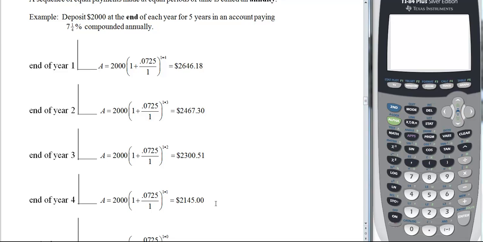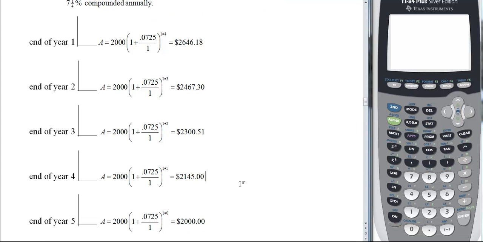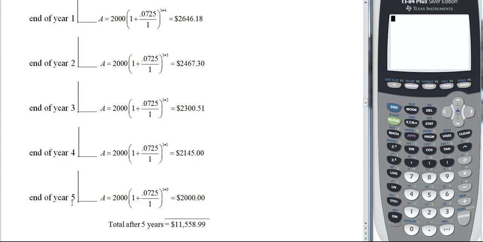The very last payment, because it said at the end of each year for 5 years, is at the end of the 5th year. It gets no interest. It goes in right at the tail end. So if you add all of these up, it'll come up to be this. Can you imagine doing this for like 20 years? Oh my stars, it'd take forever.